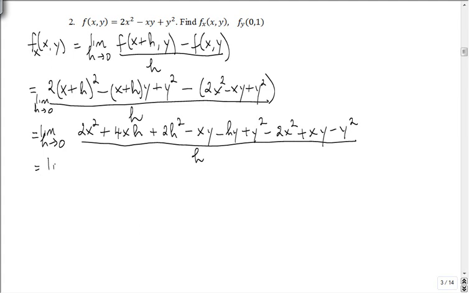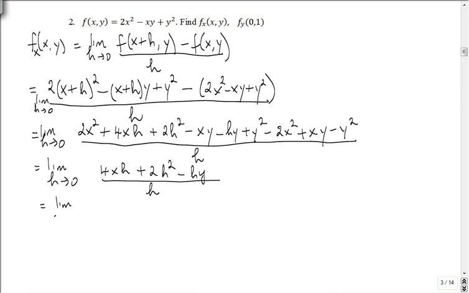When we simplify this, we have 4xh plus 2h squared minus hy over h. You know what to do now.